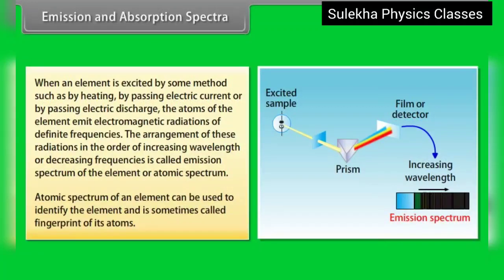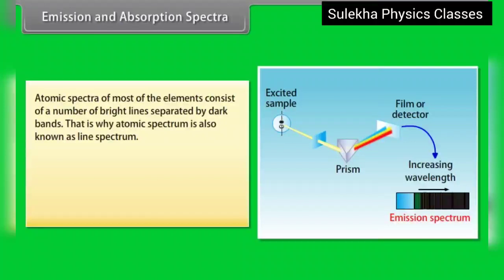The atomic spectrum of an element can be used to identify the element and is sometimes called the fingerprint of its atoms. Atomic spectra of most of the elements consist of a number of bright lines separated by dark bands. That is why atomic spectrum is also known as line spectrum.